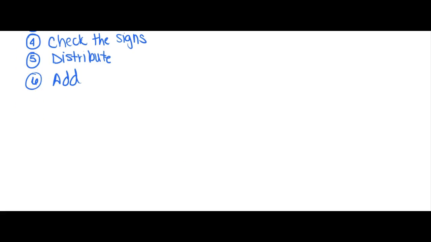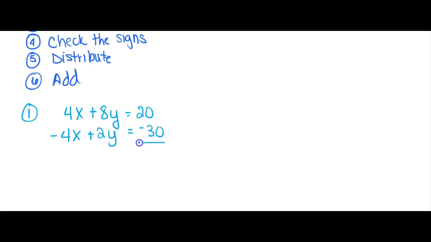In my first example, number 1, we're going to have 4x plus 8y equals 20. And equation B is going to be negative 4x plus 2y equals negative 30.